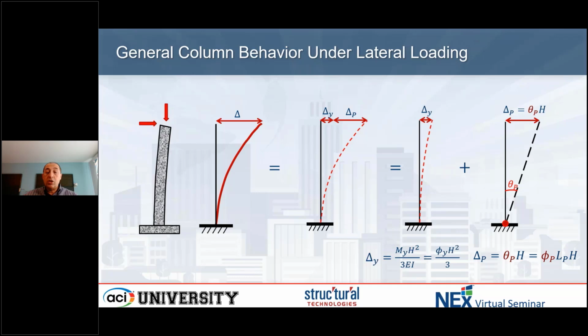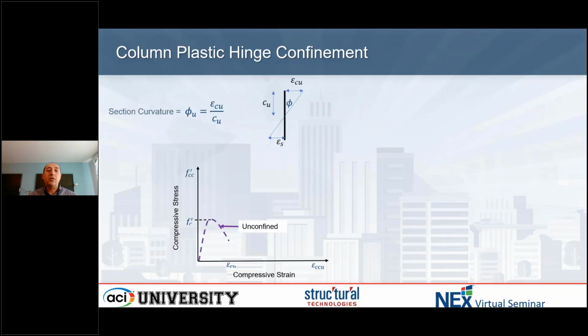And that is the cross section that falls within the plastic hinge, in this case at the bottom of this column. And that curvature can be used to calculate the rotation. The rotation times the length gives me the lateral drift. That is the basic approach that is not specific to FRP, but general mechanics of materials, structural behavior issues that can be understood by many.